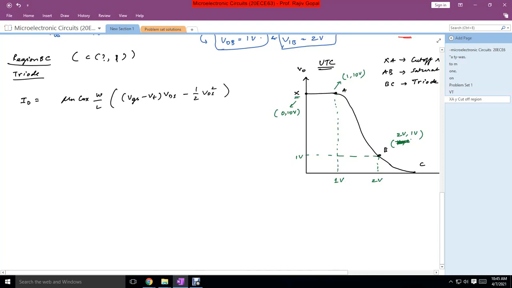Since VDS is actually a small value, VDS square is an even smaller value, so this term you can neglect. So I'll write ID as mu n COX W by L into VGS minus VT into VDS. Replace VGS with VI and replace VDS with V naught.